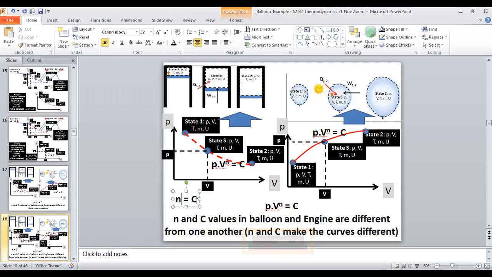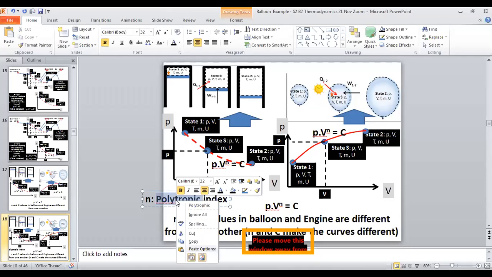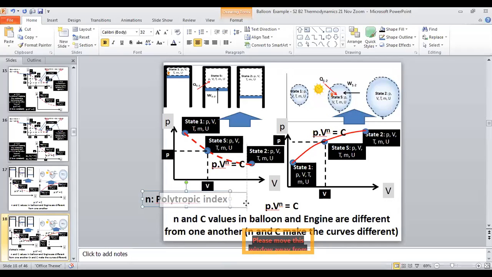For engine cases, we call n the polytropic index.